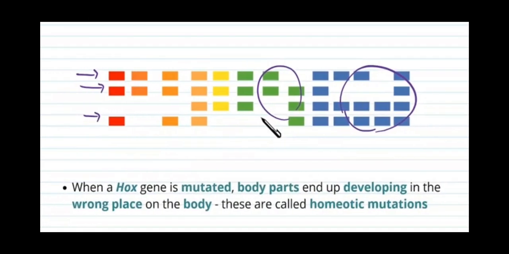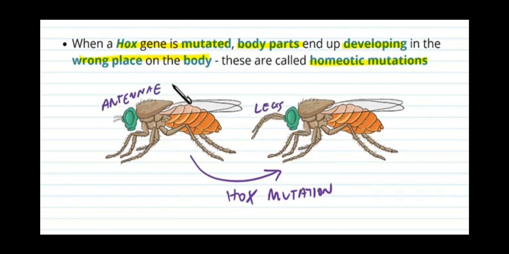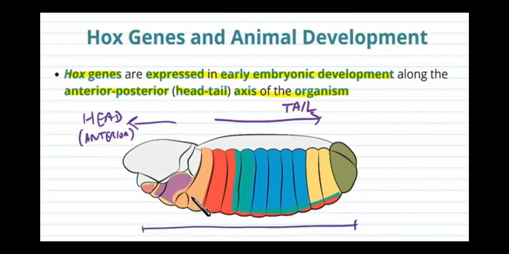When a Hox gene is mutated, body parts end up developing in the wrong place, and these are called homeotic mutations. As you can see in this example, because of a mutation in the antennal Hox gene, a leg has developed in place of the antenna.